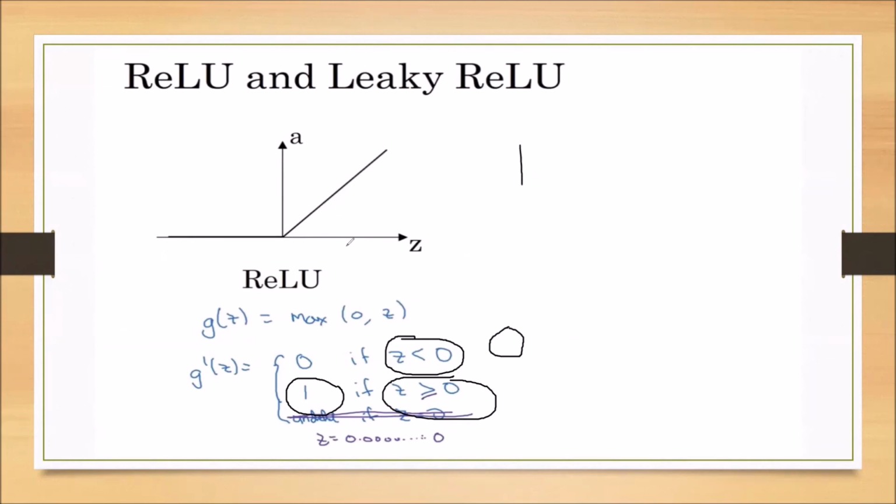Because whenever we differentiate x with respect to x, the differentiation is 1 only. So it indicates that whatever value we take, the differentiation does not become 0 only for the rectified linear unit. That is the additional advantage of the rectified linear unit.